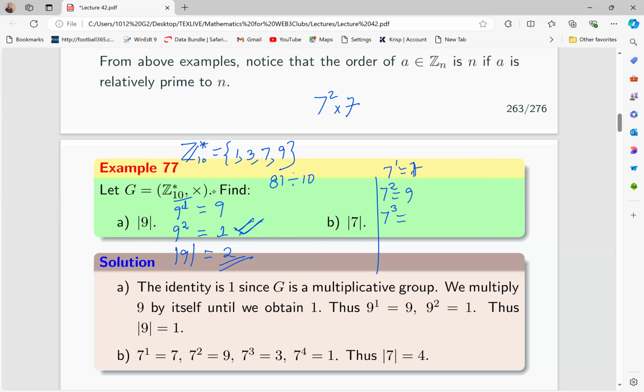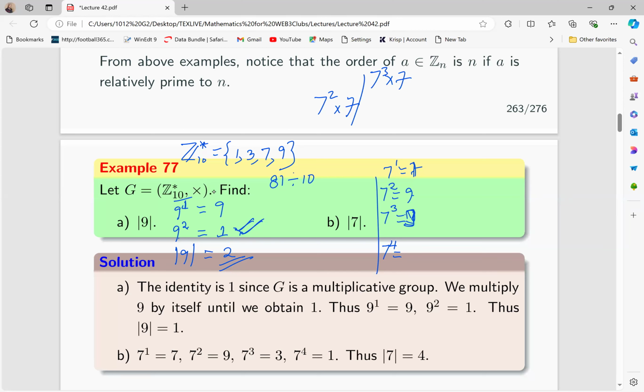And 7 raised to 2 is 9, then times 7, that will be 63. Mod 10, the remainder is 3. What about 7 raised to 4? We know that it's 7 raised to 3 times 7.